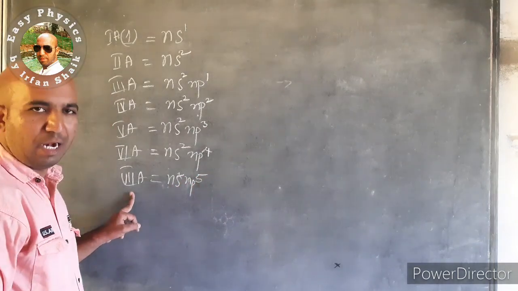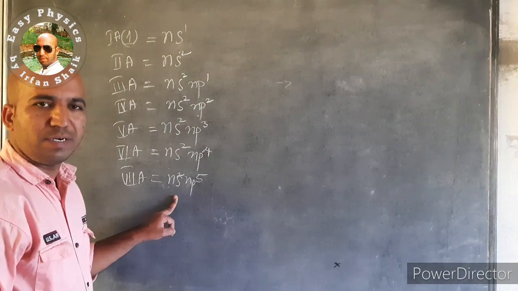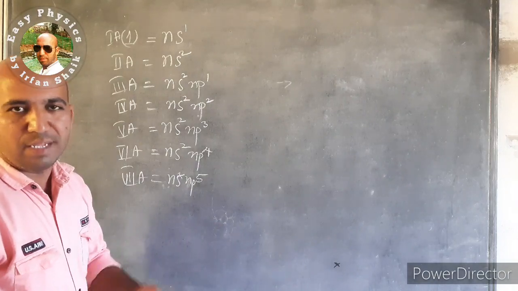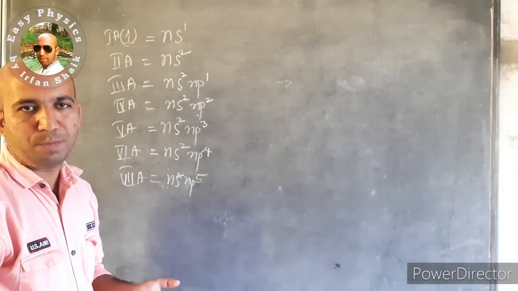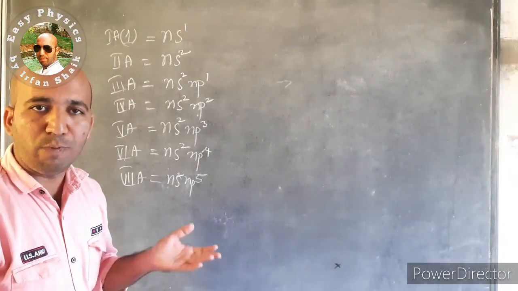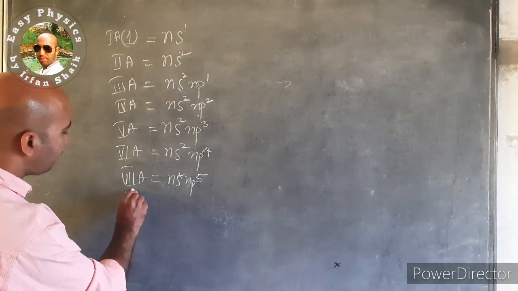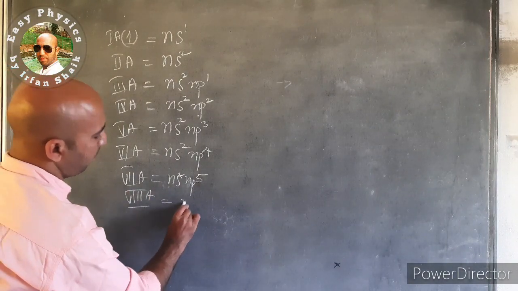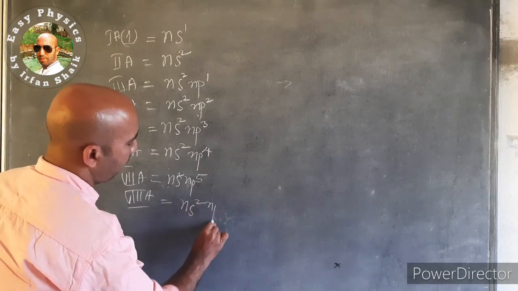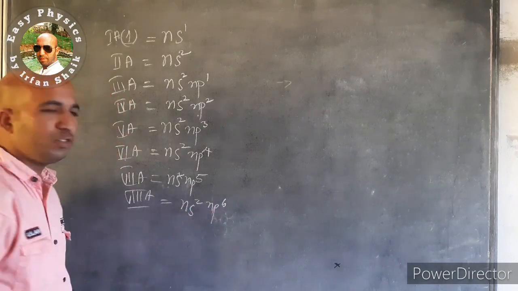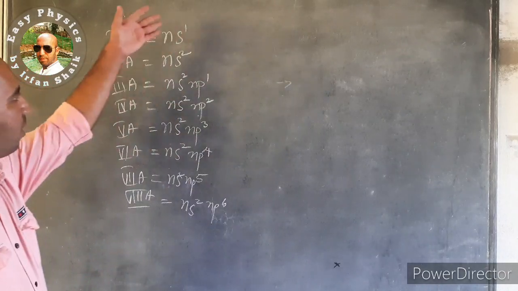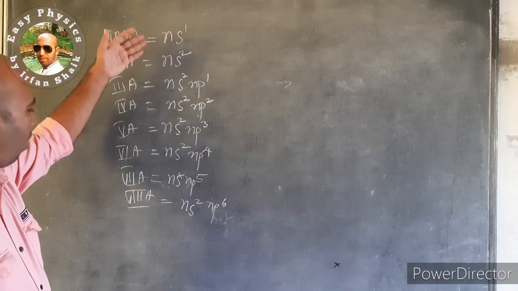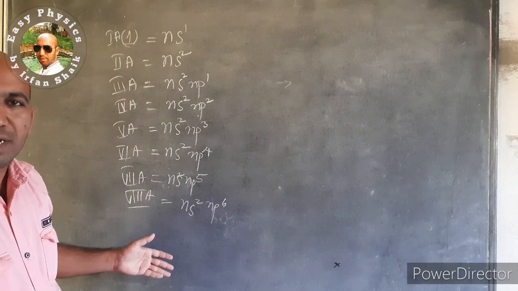The 7A group, that is halogens, has the general valence electronic configuration ns2 np5, and the last group, the 18th group, which is also known as noble gases, the 8A group, is ns2 np6.